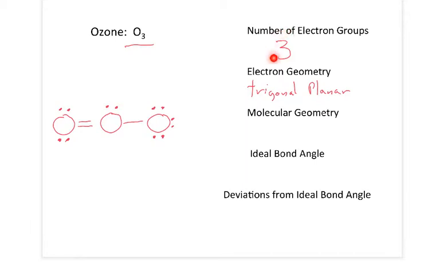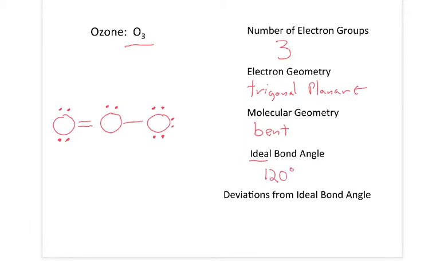And so when I have 3 electron groups and one lone pair, that molecular geometry is called bent. Finally, the ideal bond angle is the same for all electron geometries that are trigonal planar, and that is 120 degrees.